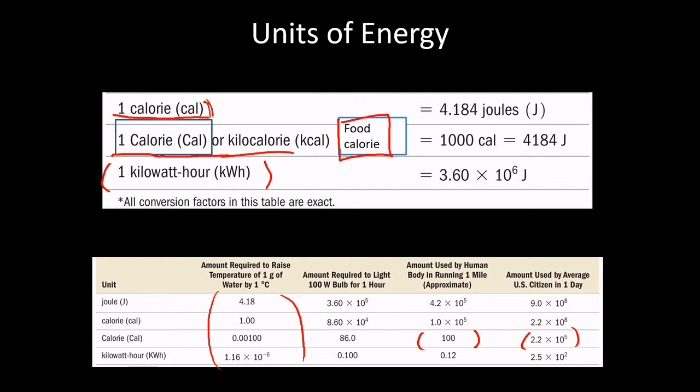Because you yourself personally only use about 2,000, if you're an average sized person. I don't know if it's the CDC that sets that or not, but the average human person is supposed to use about 2,000 calories a day, which is why the recommended calorie count for the average person is 2,000 calories a day.